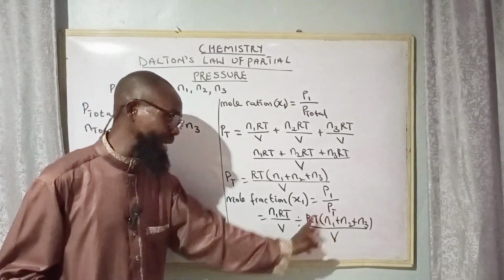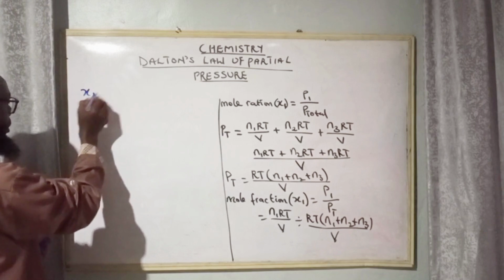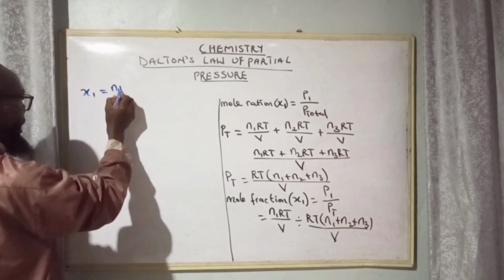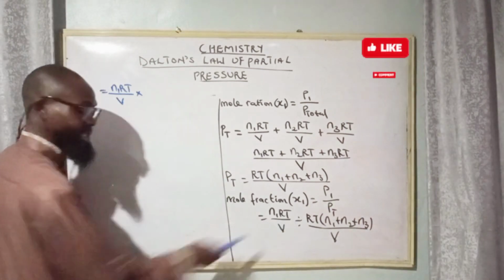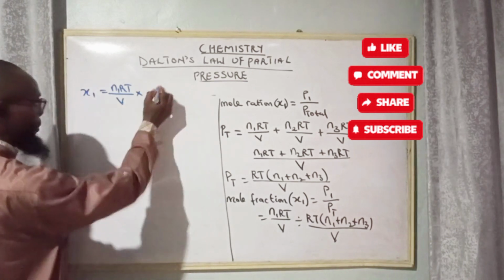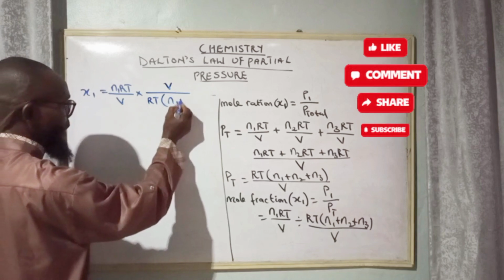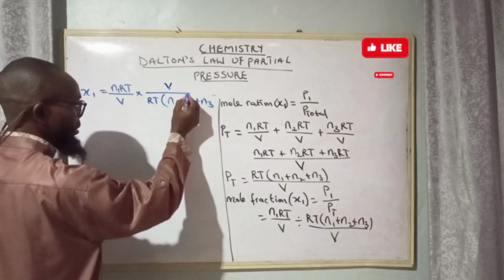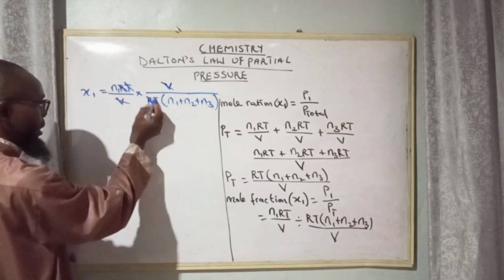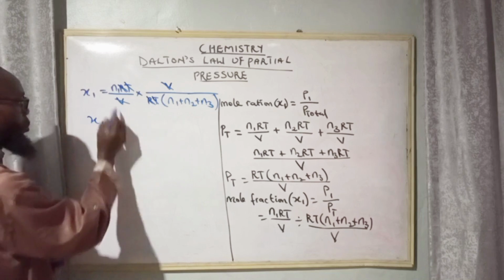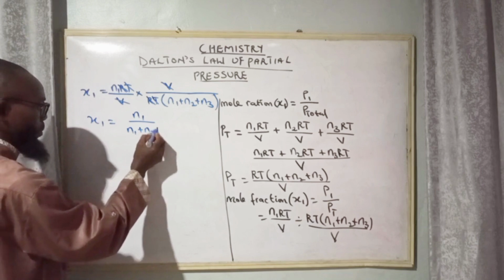Thereby, V will move up here and this numerator will come down. So X1 now equals N1 RT divided by V, multiplied by V over RT in brackets N1 plus N2 plus N3. So V cancels V, R cancels R, T cancels T. So X1 will equal N1 over N1 plus N2 plus N3.